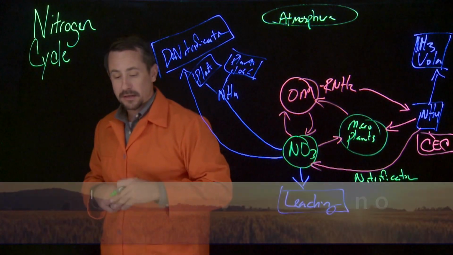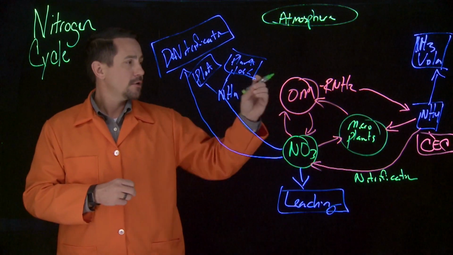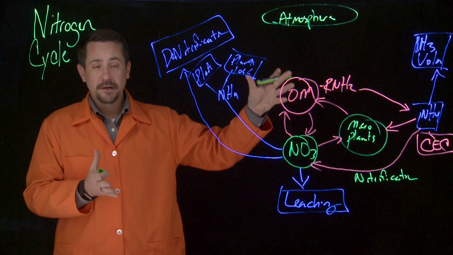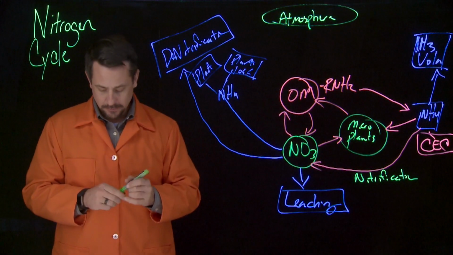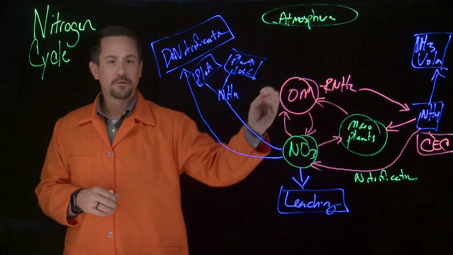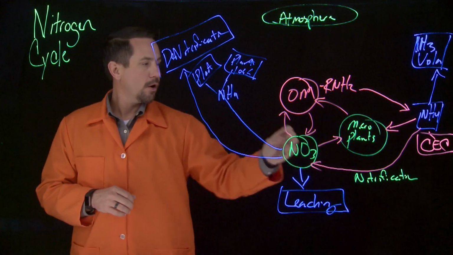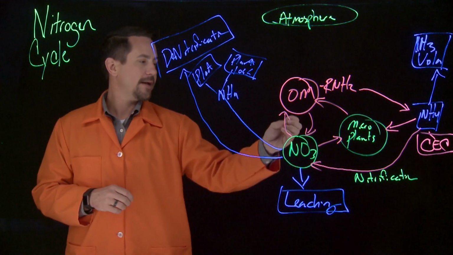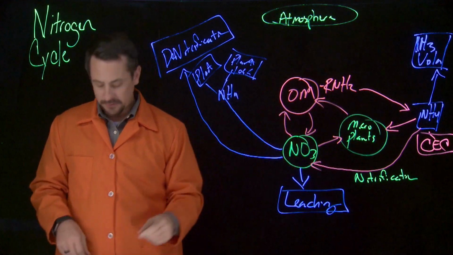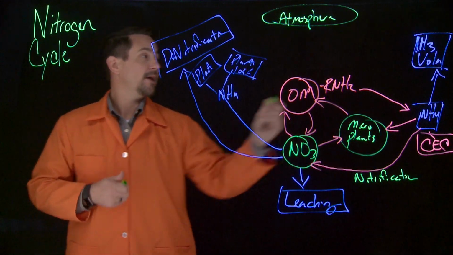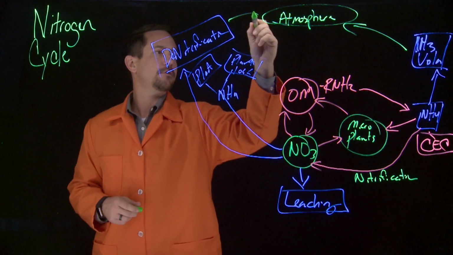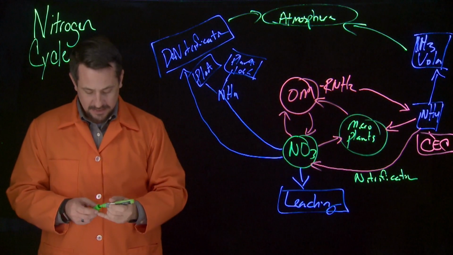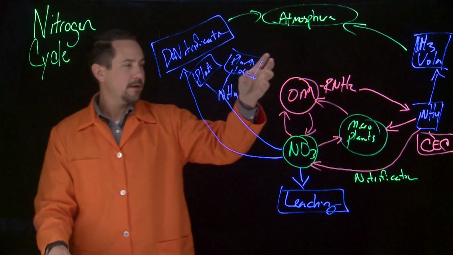Those bacteria, Nitrosomonas and Nitrobacter, strip the hydrogen off and basically add oxygen to it, turning it into nitrate. So we have our central component and our three pools: nitrate, microbial plant, and atmosphere, with volatilization going up here. We also have denitrification going in here, adding more nitrogen to the atmosphere. And of course, we have everything in here.